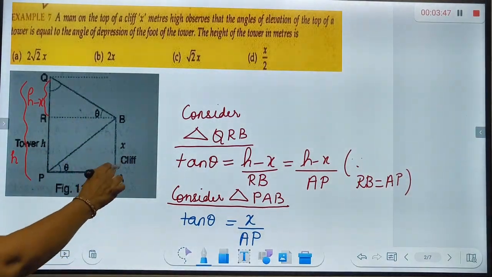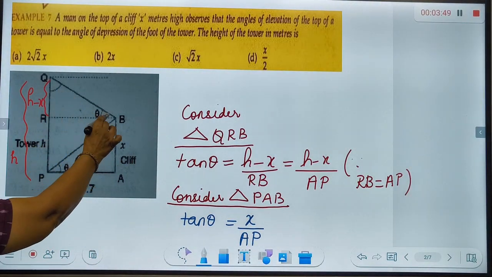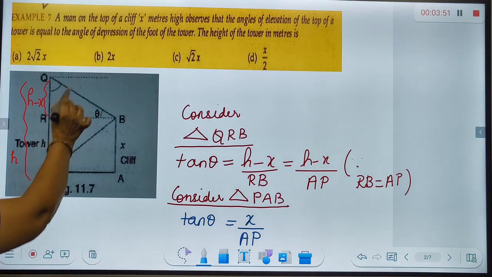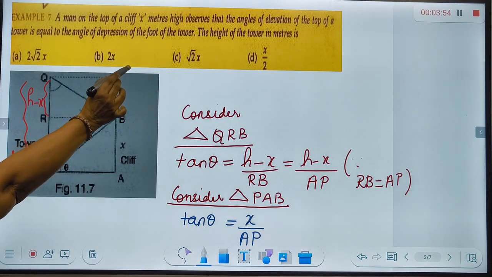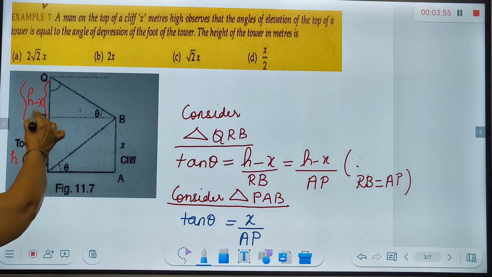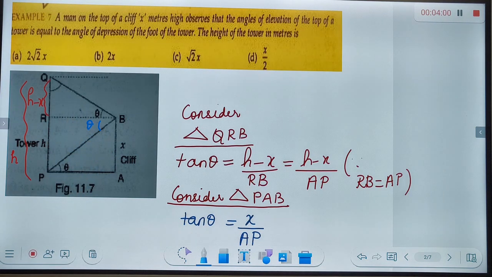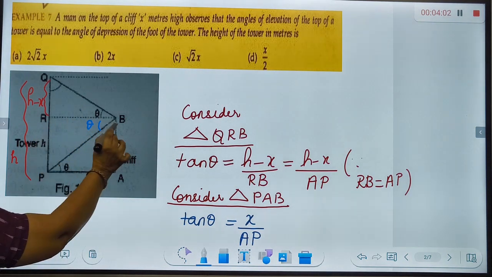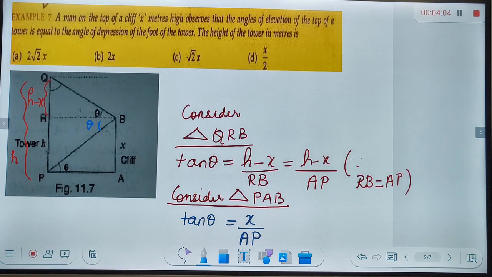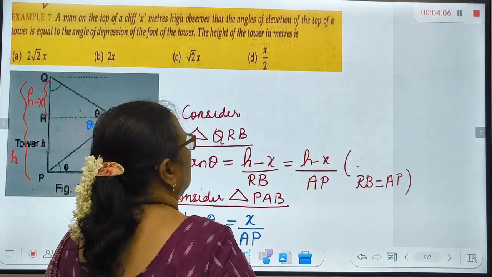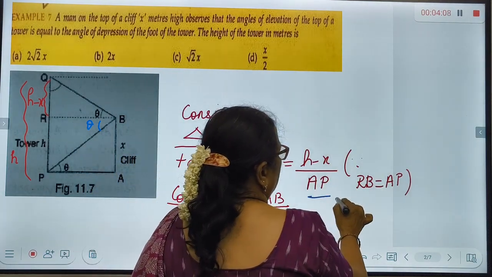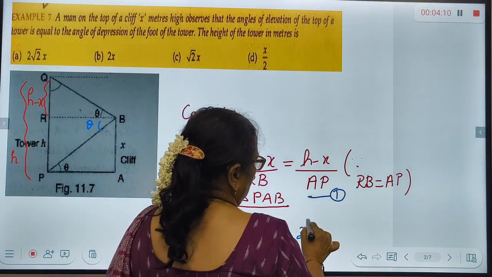So both are equal to tan theta because if this is theta, this is the angle of depression. You are given that the angle of elevation of the top of the tower is equal to the angle of depression of the foot of the tower. So this is also theta, which means this is theta because these two are parallel. So from these two we get this is 1 and this is 2.